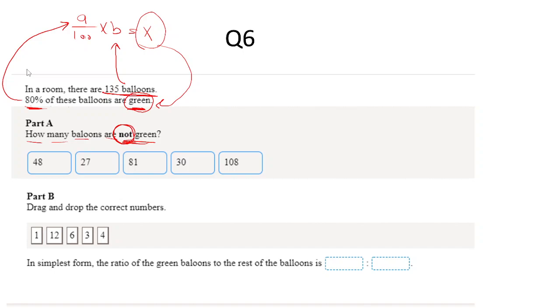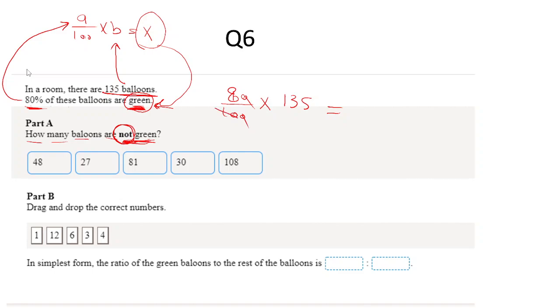But in this question, it is asking about not green. So let's start by knowing how many balloons are green. So we'll say here 80% multiplied by 135 equals this one.